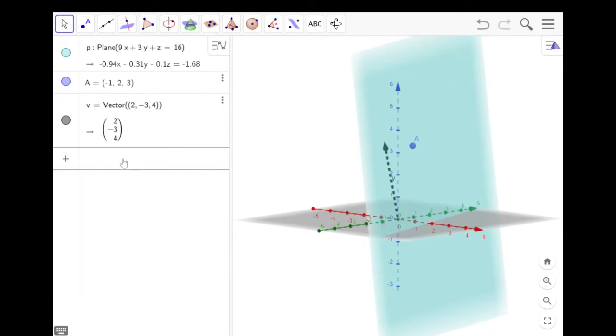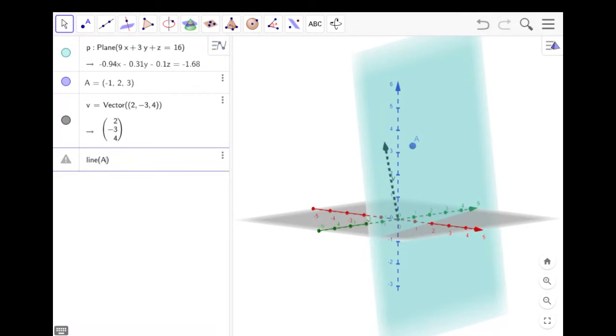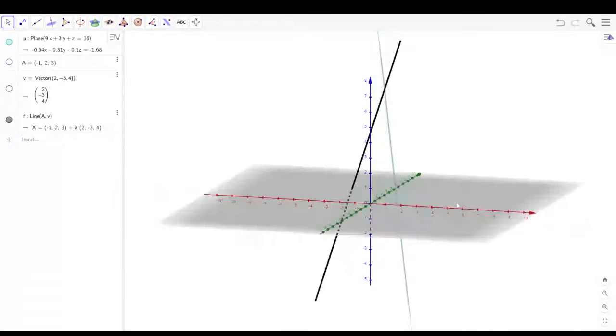Now let's have a look at the line that contains A and is parallel to V. Okay, there you go. All right, so now I'll make that a bit bigger so you can see it. Okay, so let's get rid of that, and we'll keep that.